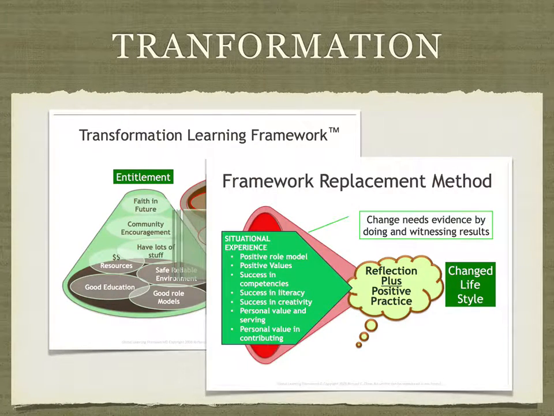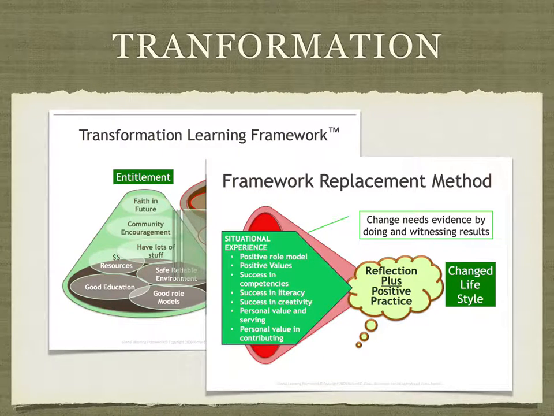So how do we get one world into the other? Well, ironically, we can go back to Dewey and Lindeman again in adult learning. And so my methodologies are what I call a replacement methodology. So we go into the poverty situation, like a rescue mission or homeless center, or even a community college, and we replace the negative models with positive experiences.